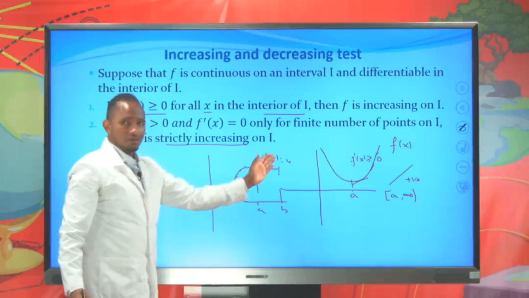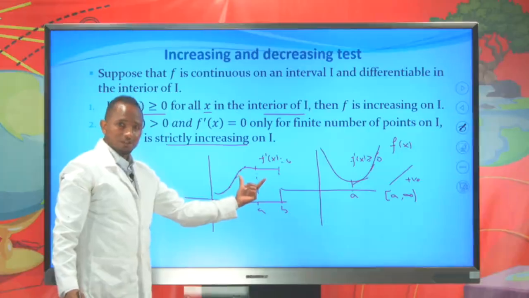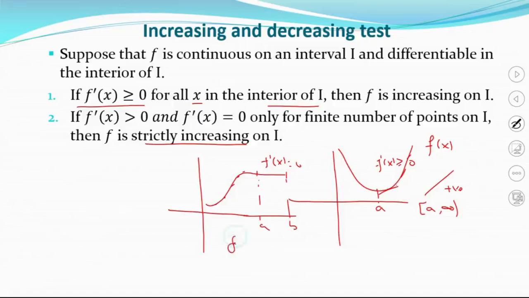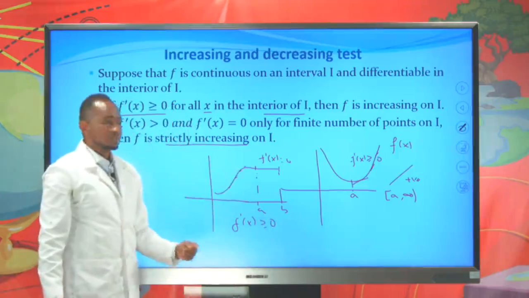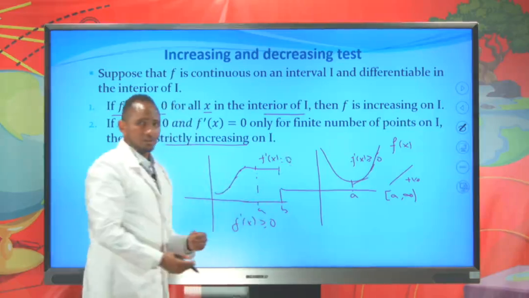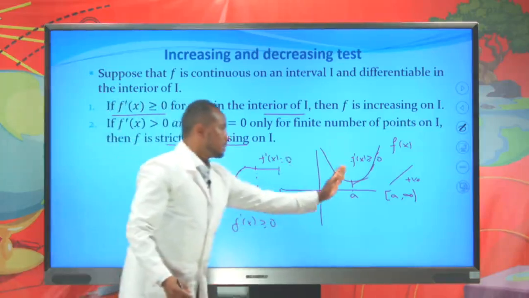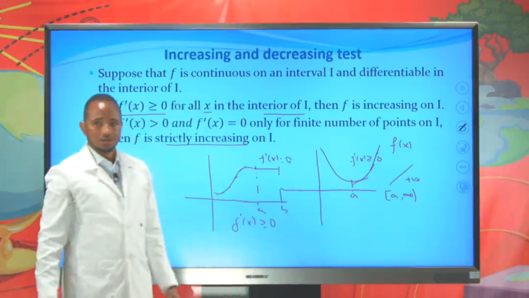Since the derivative is 0 on this interval, this interval is not finite. Therefore, for every point the derivative is greater than or equal to 0, but this function is not strictly increasing, because the derivative is 0 at infinitely many points. But if the derivative is 0 at finitely many points, that function will be strictly increasing.